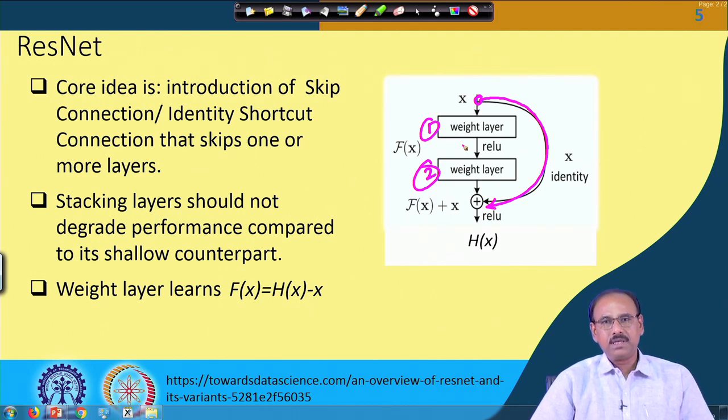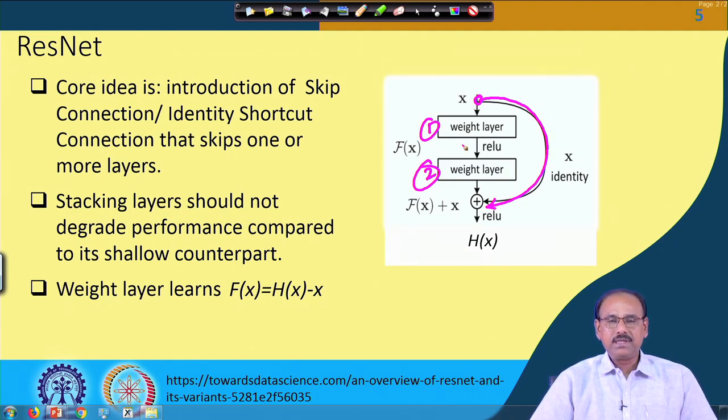Because of these skip connections, it is now expected that as we have more layers in our deep neural network, the performance should not be worse than its shallow counterpart.